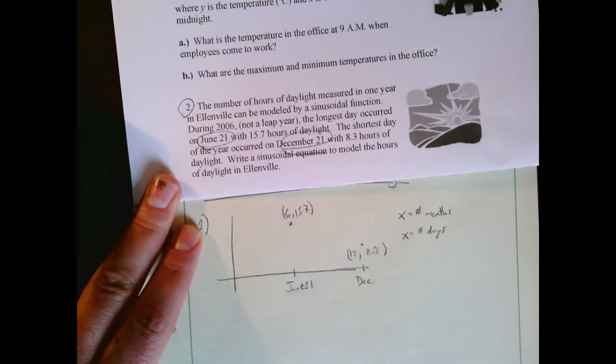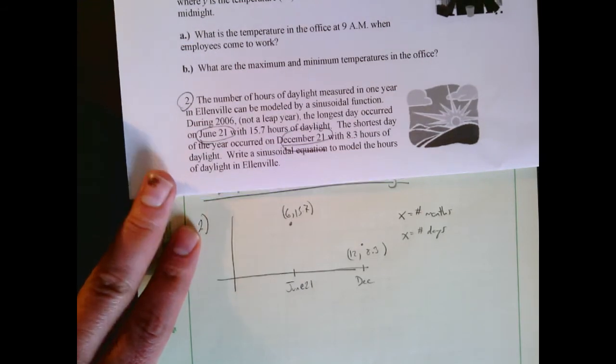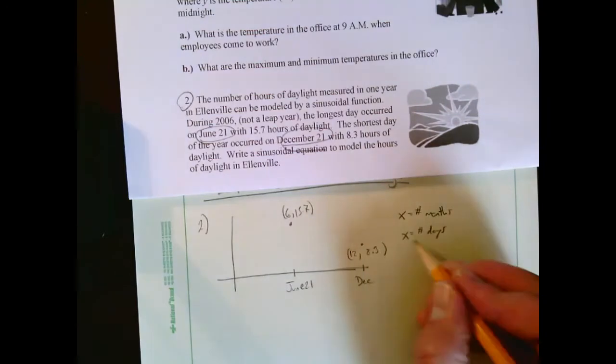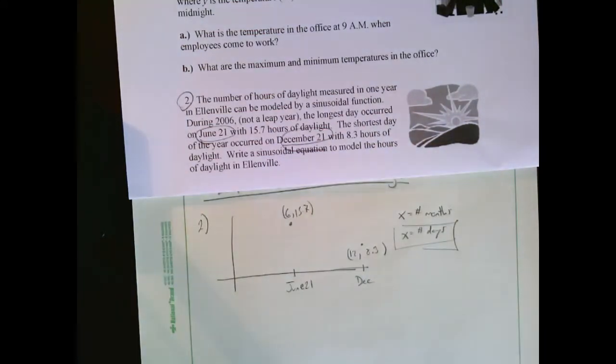Otherwise, I guess I'd go with months. X as number of days is probably going to be a nicer thing, but it's definitely going to take us more time. So for the basic idea, let's just go months.